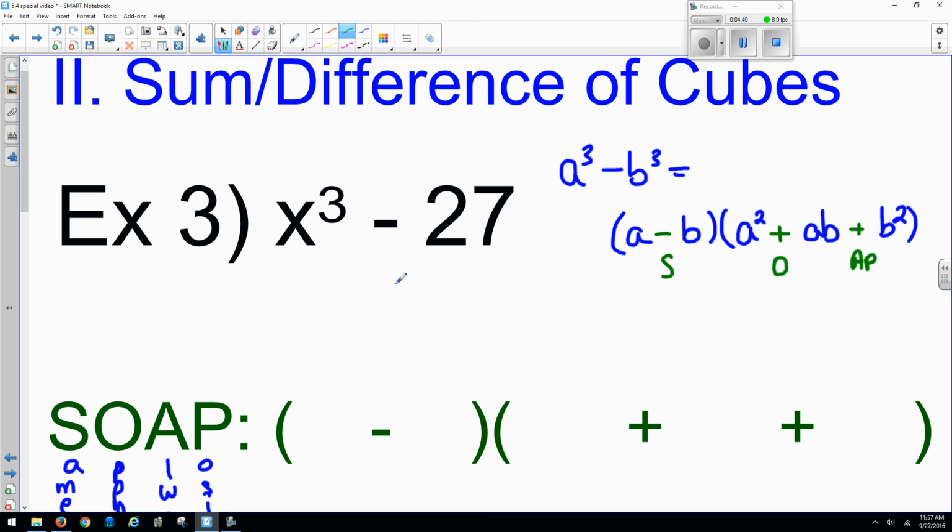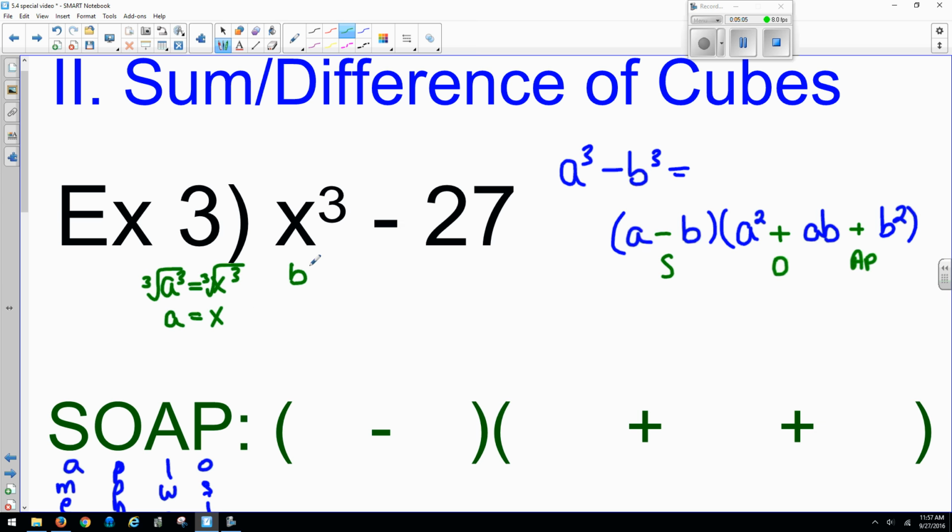And so we have to figure out what a and b are in order to fill these in. So if x cubed is really a cubed, then a cubed is x cubed, which means a is x, if you take the cube root of both sides.